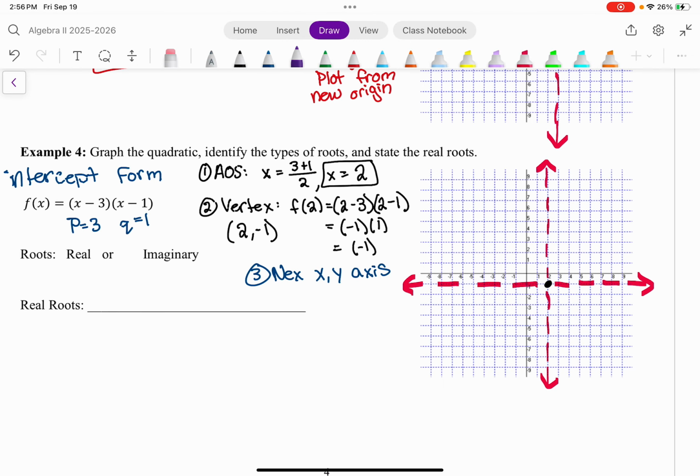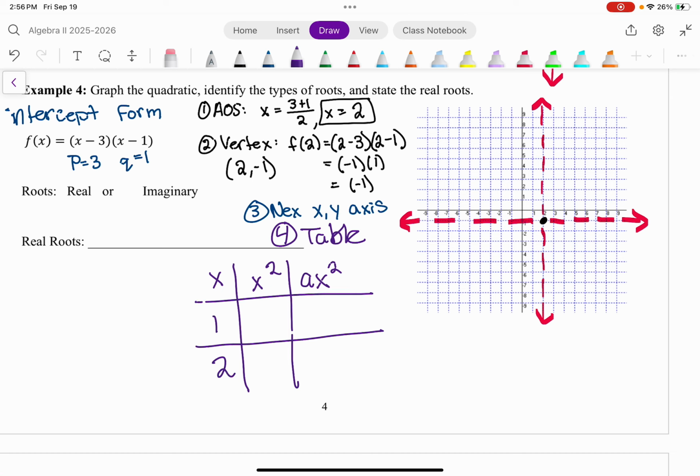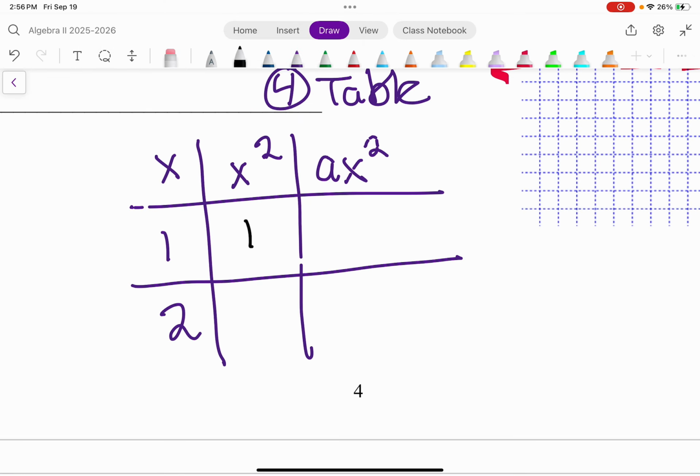Once we have that done, then we make our new table of our values. So remember, your table should be set up the same every time, starting with your x squared, and then your ax squared. I always use 1 and 2 for my x values. So then we can start filling in our numbers. If we have 1 squared, that's 1.